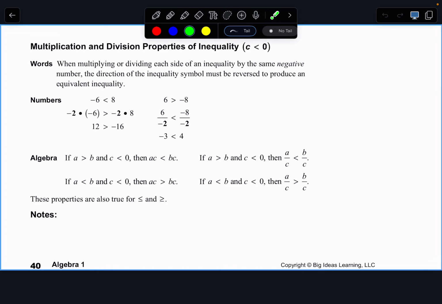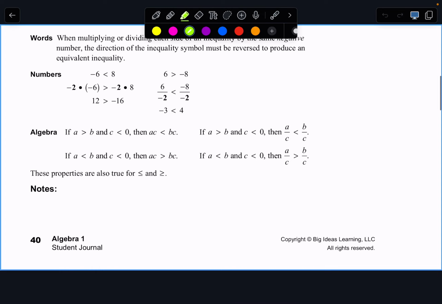All right. So this is what we've learned. We have learned that we can multiply or divide both sides of our inequality by a positive number, and our inequality is still equivalent.